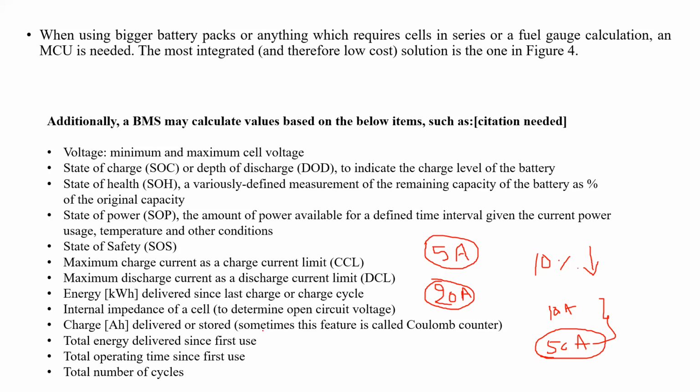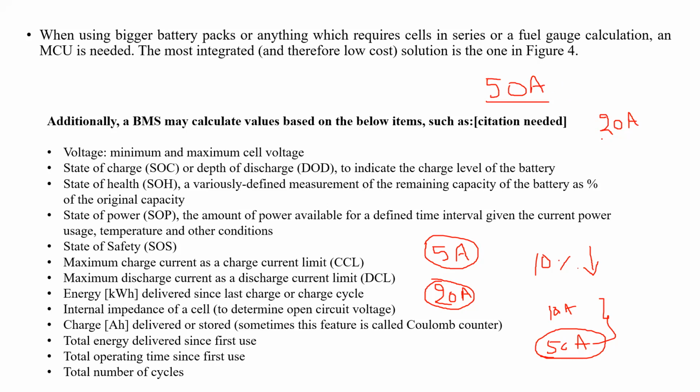At the same time, maximum discharge current. If the manufacturer specifies that the maximum discharge current level is 20 amperes, and any load increases so that the motor is taking 50 amperes of current, this is the discharge current.